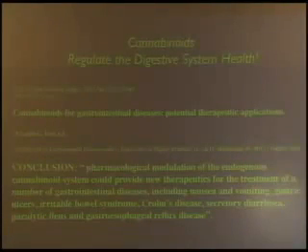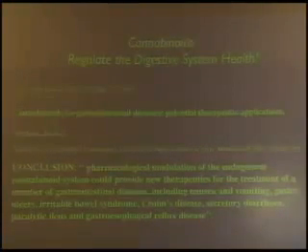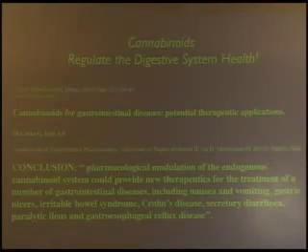What I've done is just abstracted out from the abstract the critical parts here. So we see that the pharmacological modulation of the endogenous cannabinoid system can provide new therapeutics for the treatment of a number of diseases.